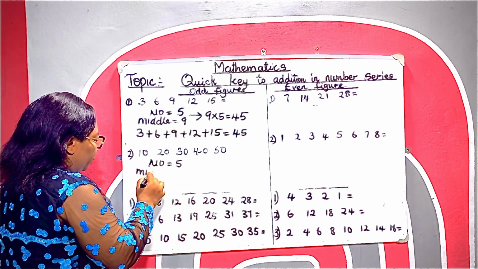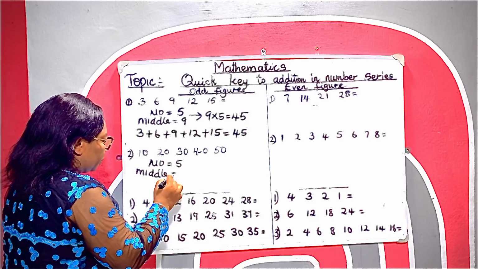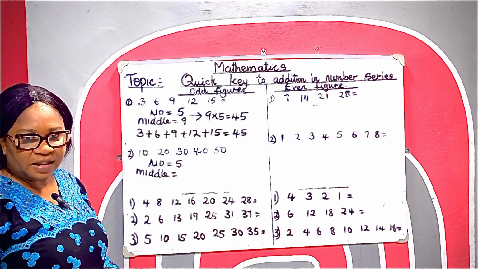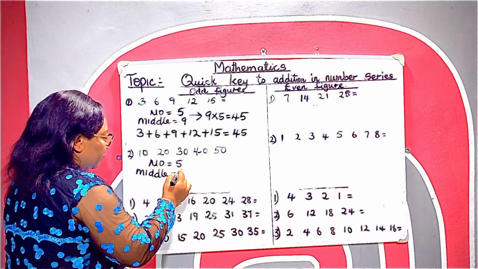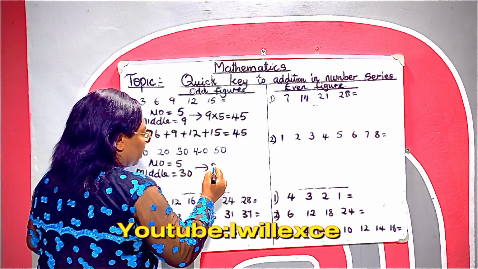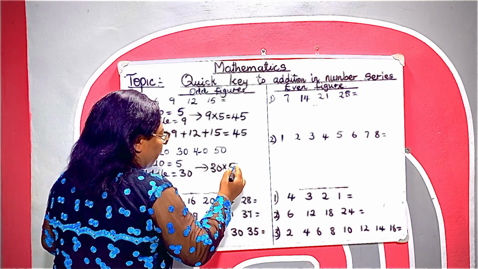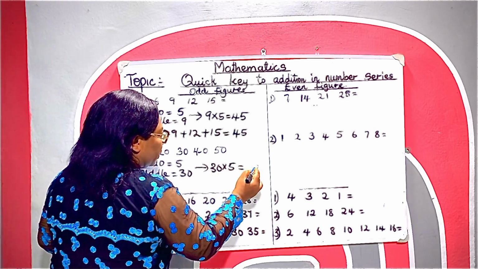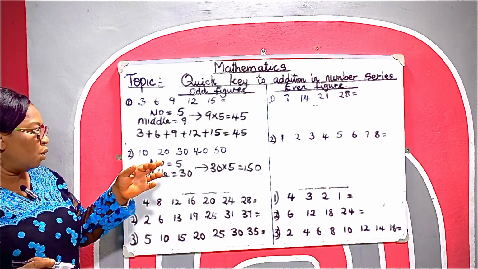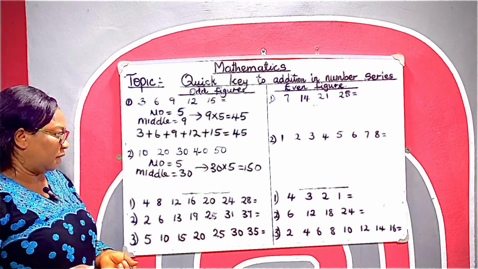Number in the middle. 1, 2, 3, 4, 5. 30 is in the middle. So we say 30 times 5. 5 times 0 is 0, 5 times 3 is 15. So we have 150.